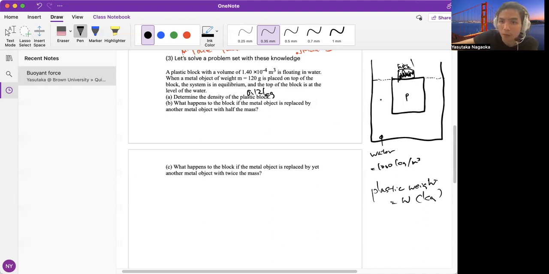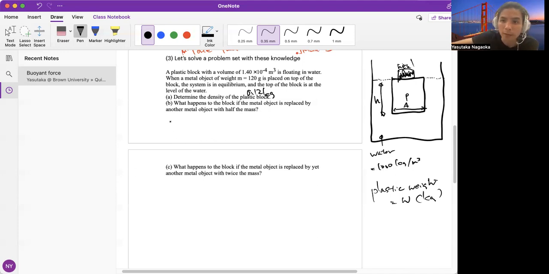And because we are dealing with the hydrostatic force, we are going to need this length. So let's say H here. And let's say this cross-section area is A, so that we can make an equation.